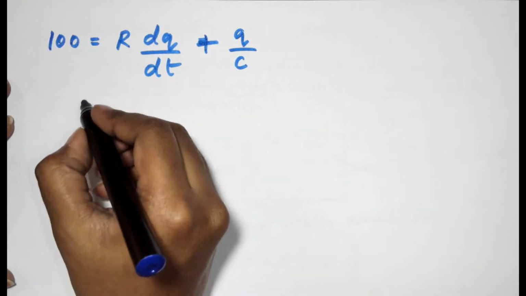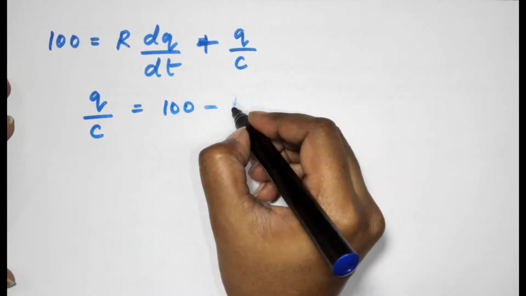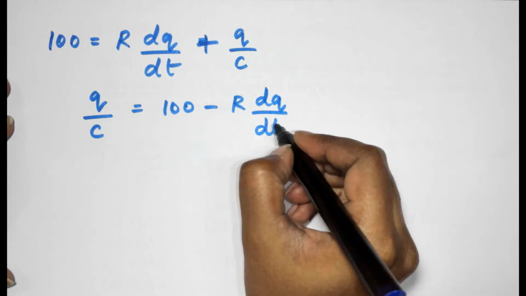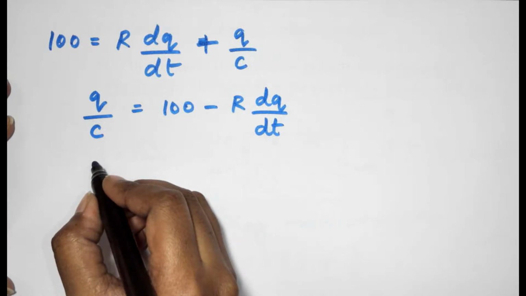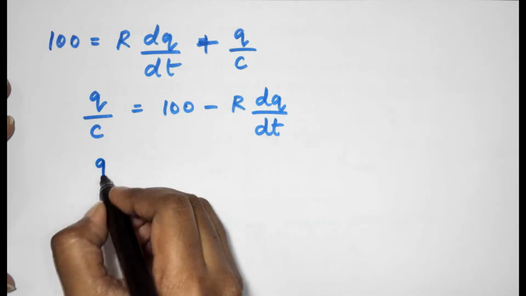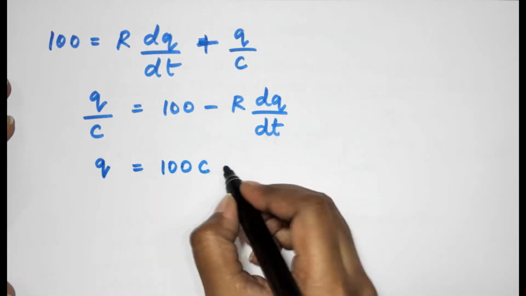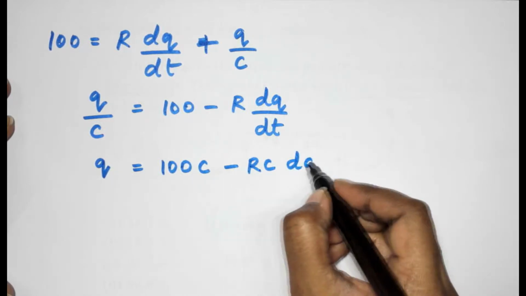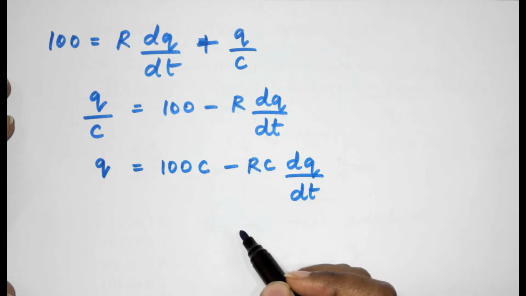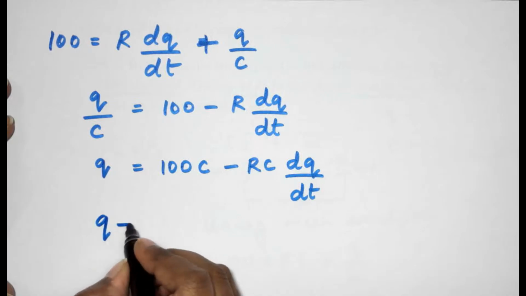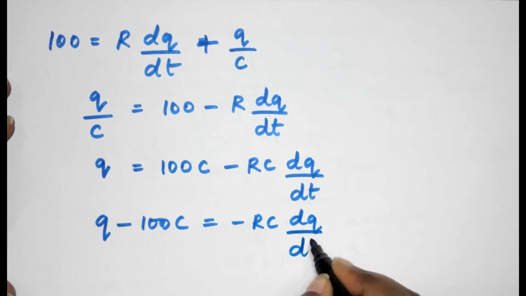That's Q by C is equal to 100 minus R dQ by dt. Now we'll take the common denominator. We have Q is equal to 100C minus RC dQ by dt. Now I'm going to take 100C to the other side: Q minus 100C is equal to minus RC dQ by dt.